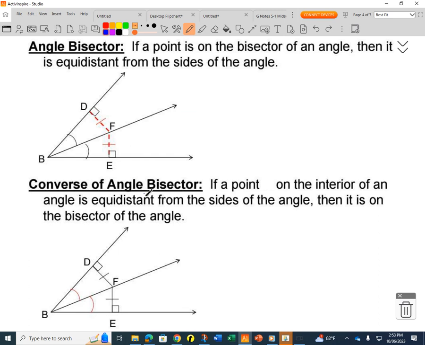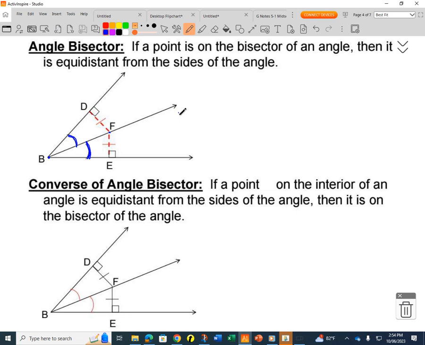All right, the angle bisector. So if a point is on the bisector of an angle, so this ray BF here, it's bisecting this angle DBE. We know that it's bisecting because the two angles that are created by the ray are congruent. They've marked them congruent here. So that makes this an angle bisector. We've learned about angle bisectors.